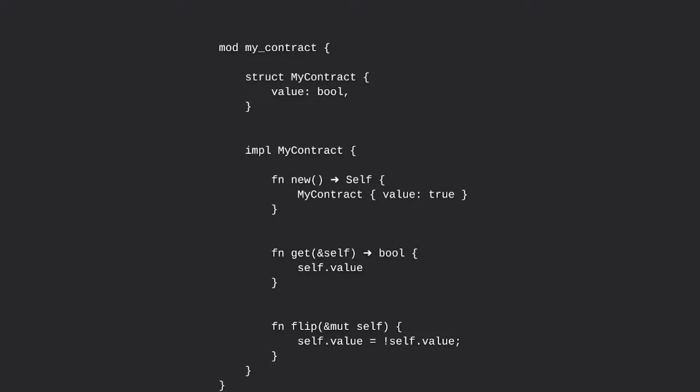This is a module, my contract, which contains a struct which declares one Boolean variable, and it implements some functions: a constructor function, a get, and a flip function, which allow you to read the struct's value and to mutate it, to flip it from true to false and vice versa. So this is totally valid Rust code, and if you copy and paste this into your favorite IDE and try to use cargo build to compile it, it will compile and build.